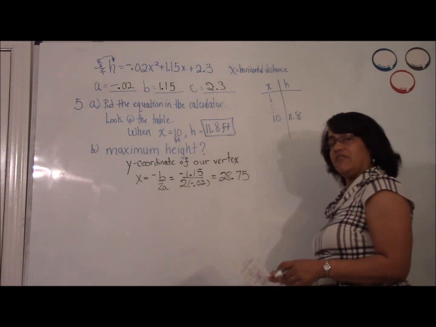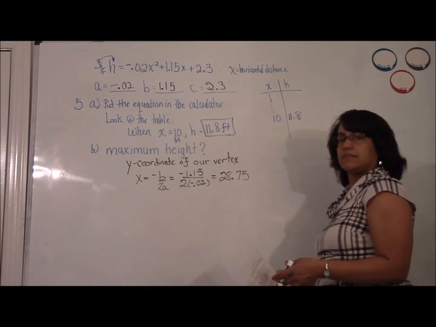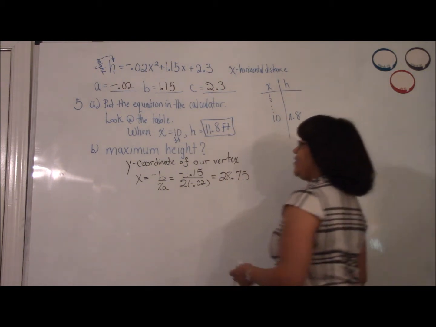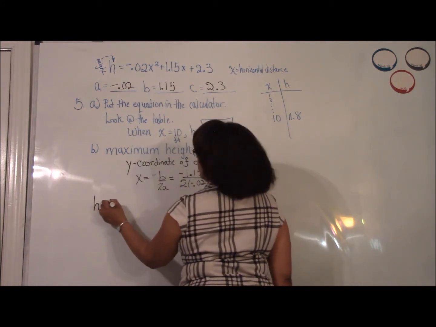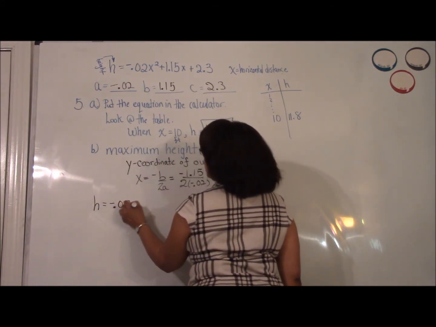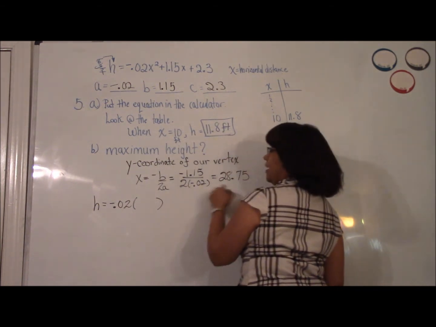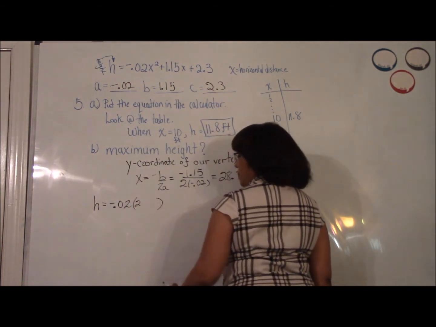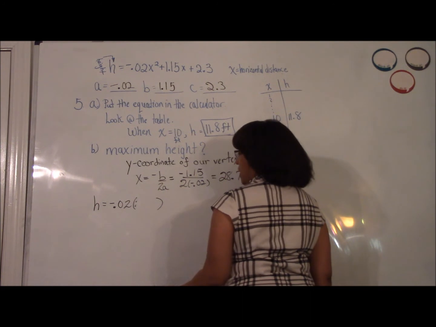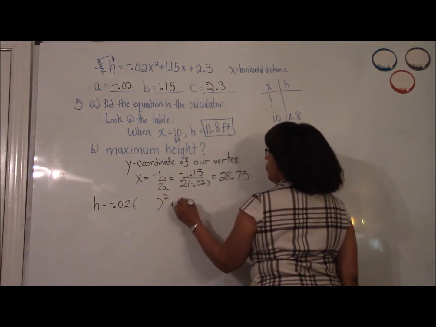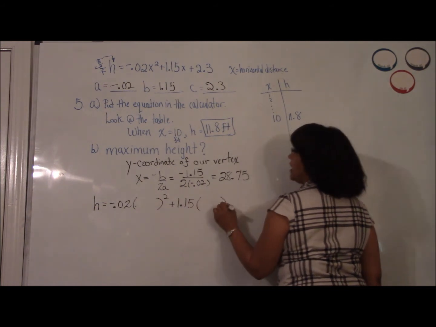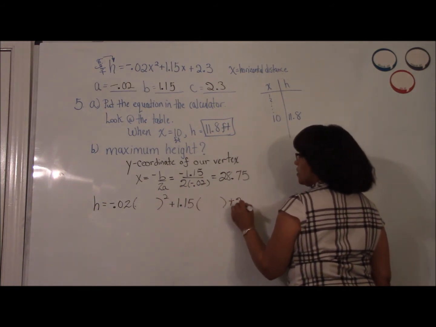How can we use that to find our y? Right, you go back to your original and you plug in. So h is equal to negative 0.02 times x squared, and x is 28.75. That's going to be 28.75 squared plus 1.15 times 28.75 plus 2.3.